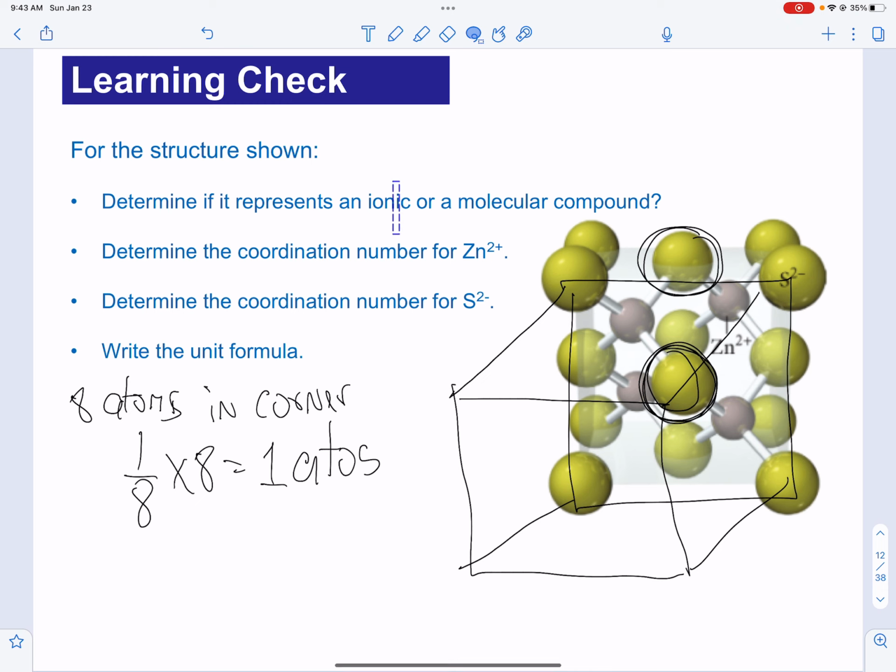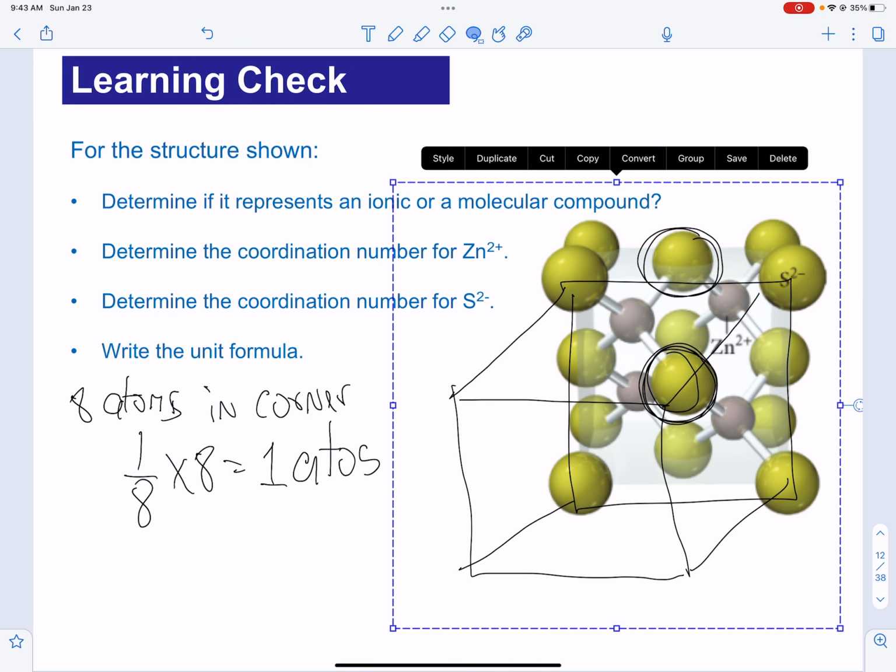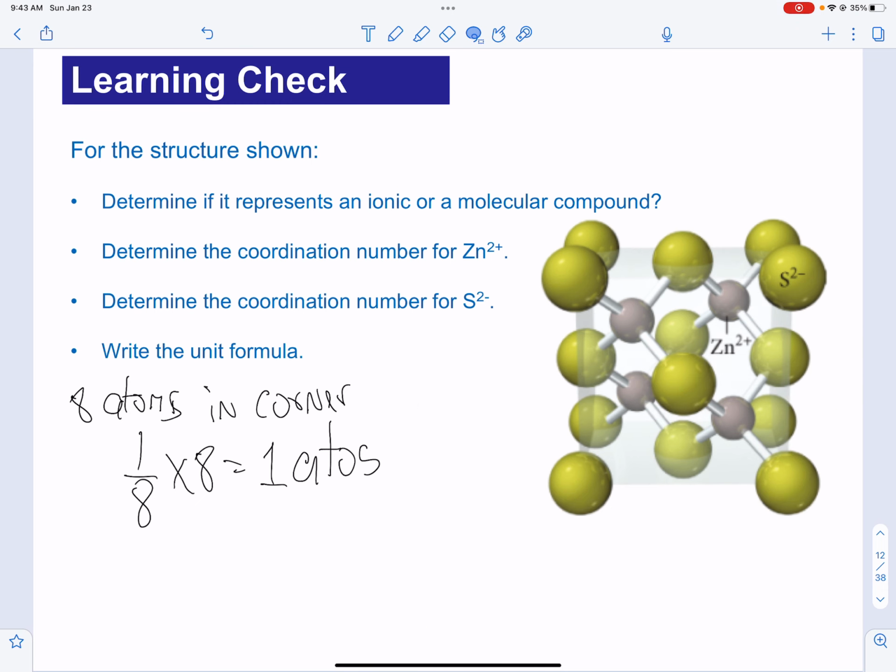So for the ones that are on the faces, that one, that one, that one, that one, since this is like a cube, the cube is going to have 6 faces. So there's going to be 6 atoms on the face.